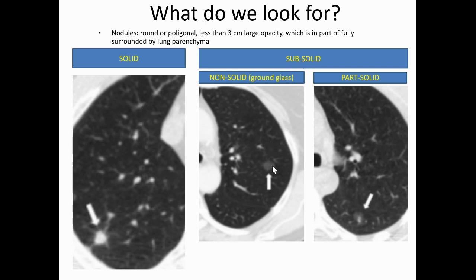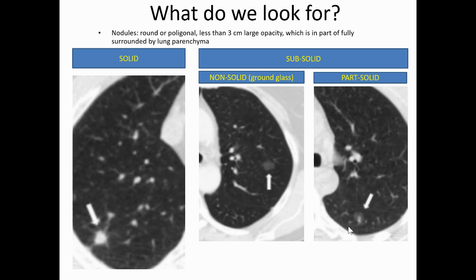Within this group we differentiate ground glass nodules, through which you can actually see the underlying vessels or bronchi, and the part solid nodules, which are kind of like a mixture of the ground glass nodule, and they have a solid component as well. And going from right to left, these nodules are less malignant.